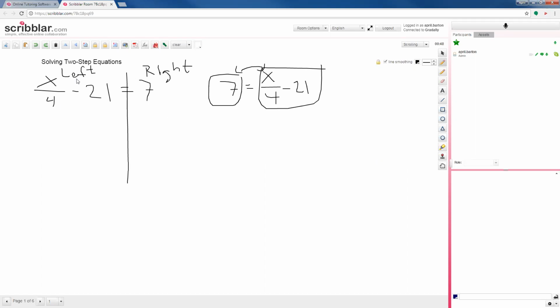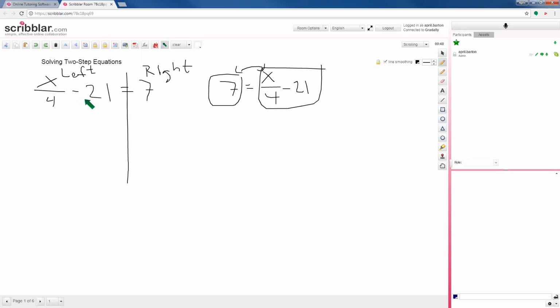So the way this is set up, we want to move everything from the left to the right. If it had started out this second way, we would want to move everything from the right to the left. We're just always trying to get away from the x. And most of the time, our first opposite has to do with this minus, or sometimes they have a plus.